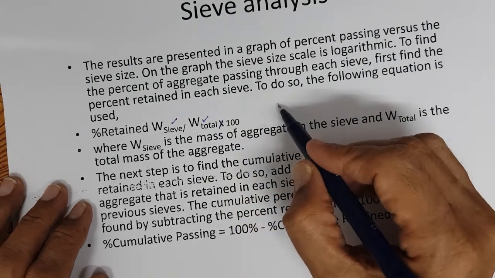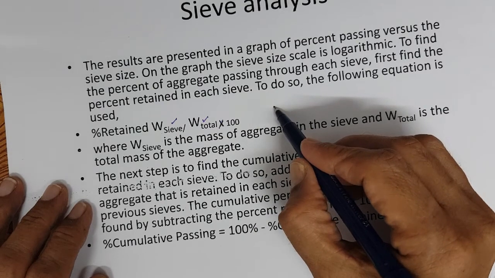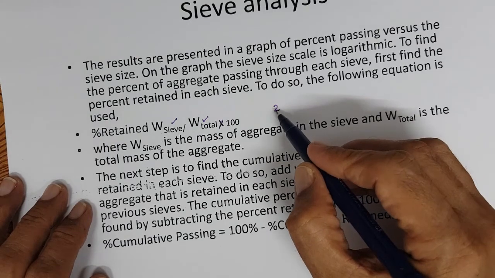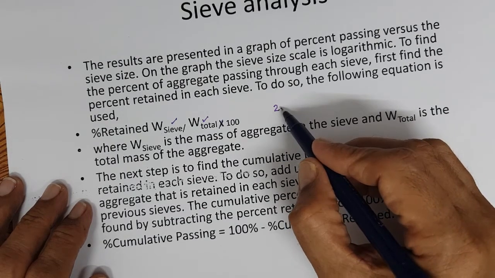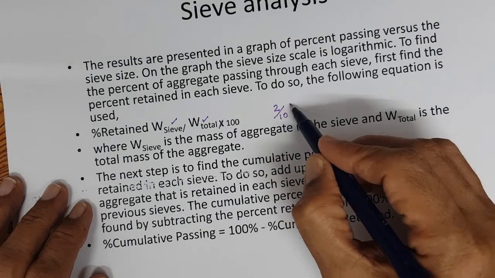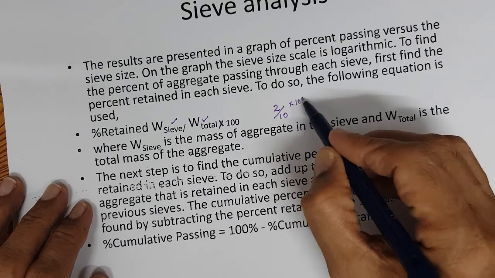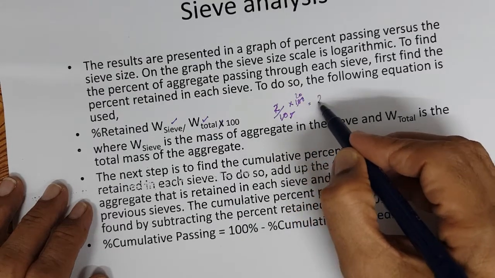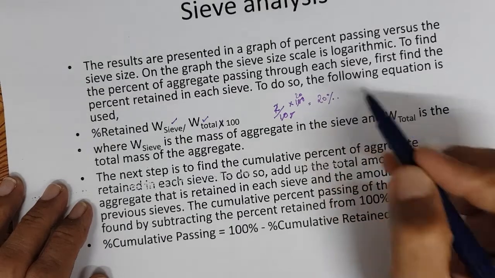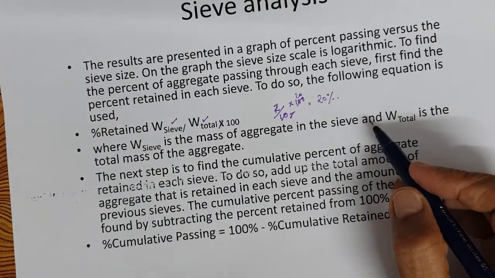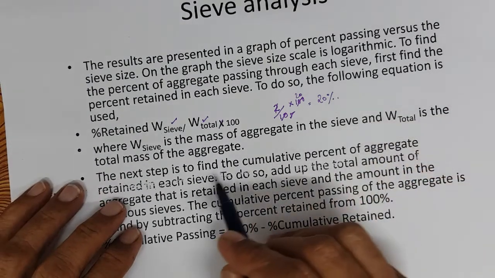If the powder in a particular sieve is 2 grams and the total weight of the powder was 10 grams, into 100, so 20% is that particle size. That is how it is calculated.